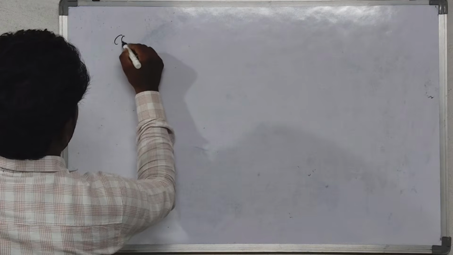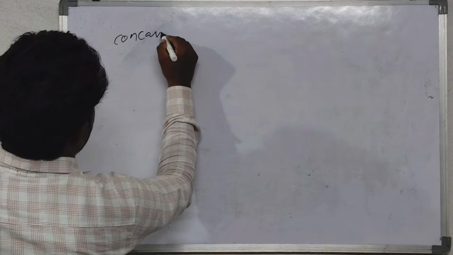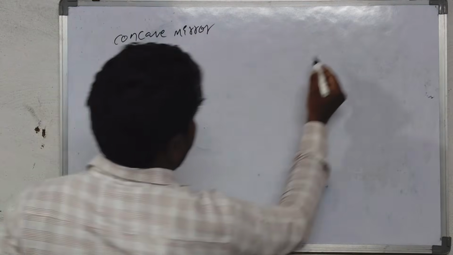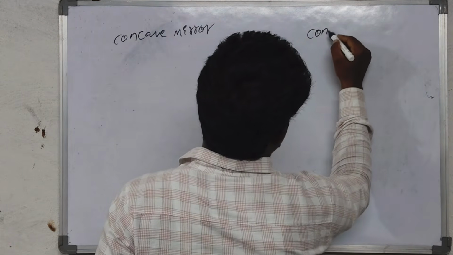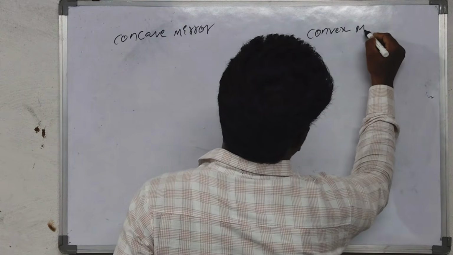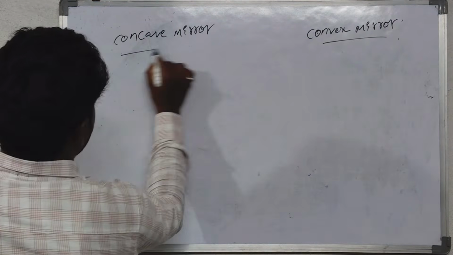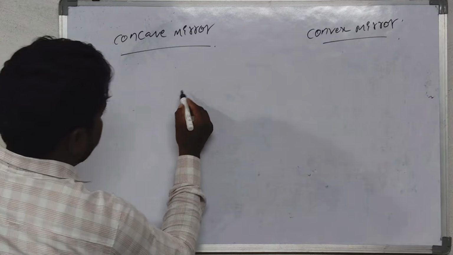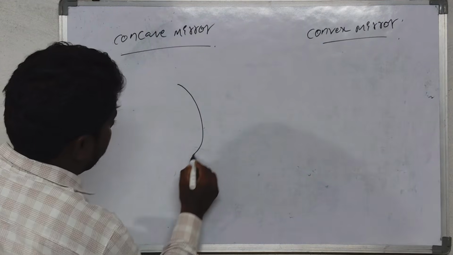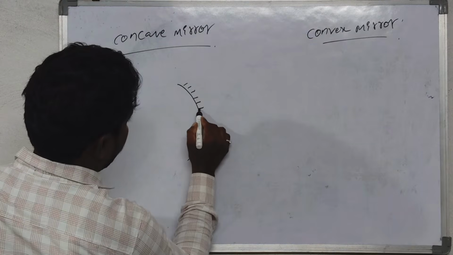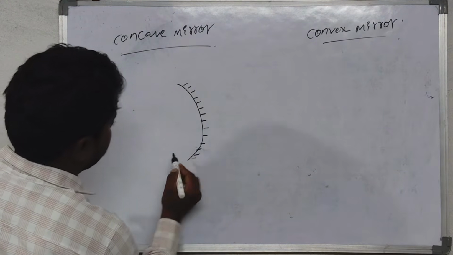So concave mirror. Here, convex mirror. A concave mirror has a curved inward reflecting surface. So oblique lines are taken outside of the mirror.